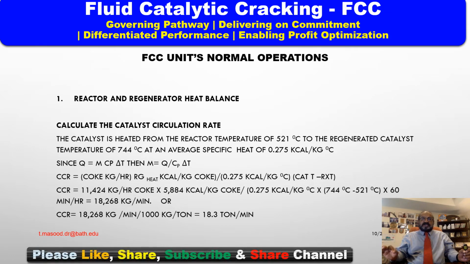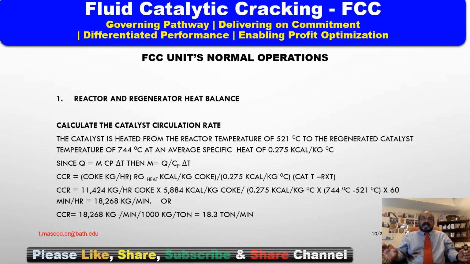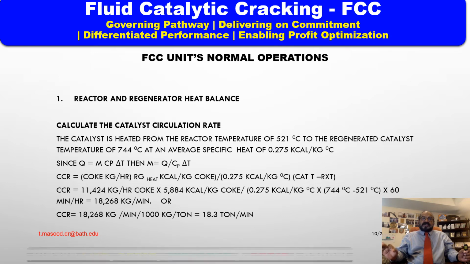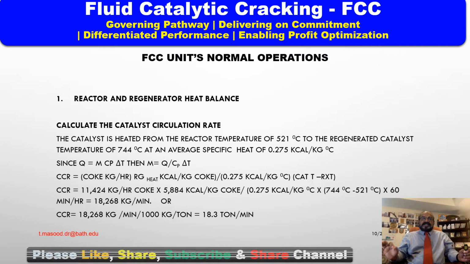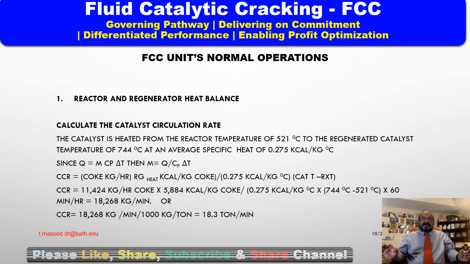The CCR is equal to 11,424 kg per hour coke times 5,088 kilocalorie per kg coke divided by 0.275 kilocalorie per kg, that is average specific heat, times 744, that is regenerated catalyst temperature, minus 521, that is reactor temperature, times 60 minutes per hour, which is equal to 18,268 kg per minute circulation.